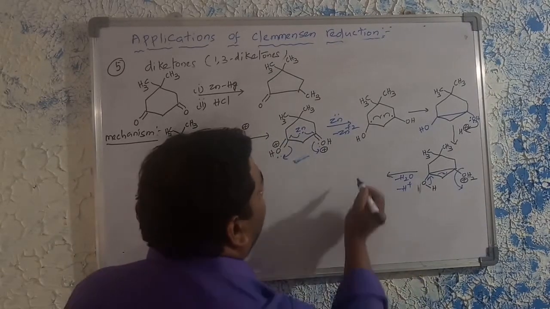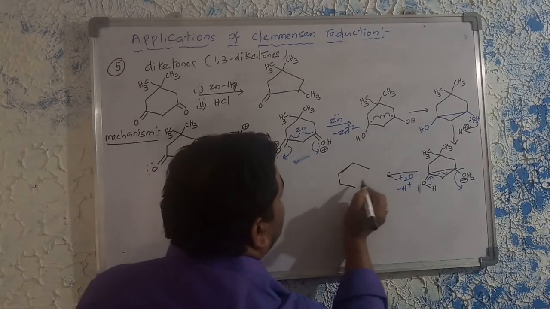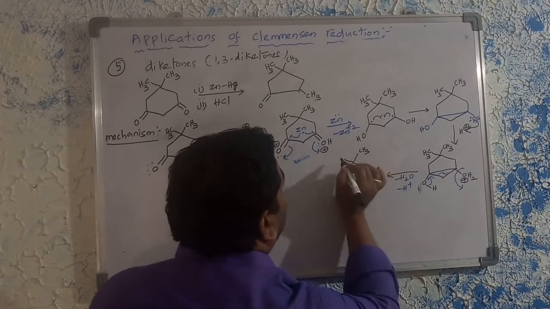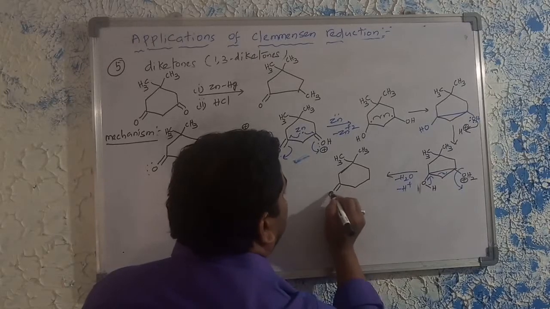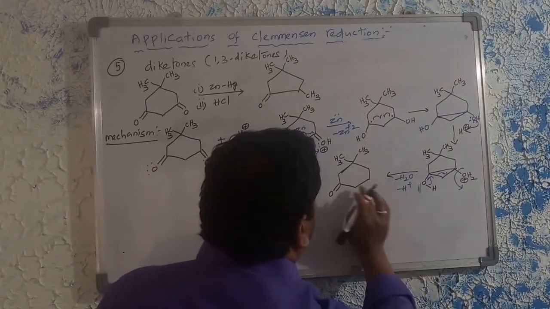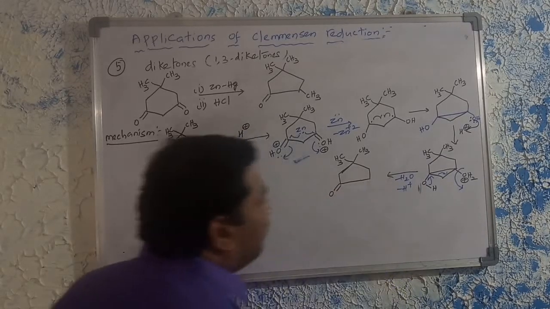So the remaining product is CH3. This converts into C double bond O. Here this converts into C double bond O. Sorry. Here it forms a 5-membered ring.